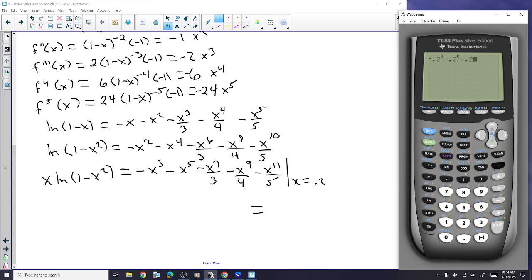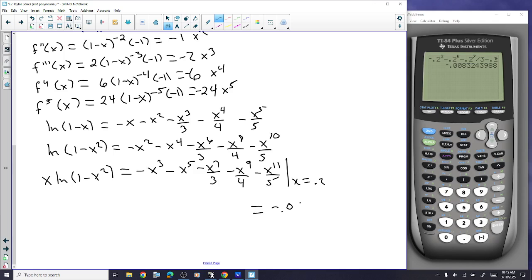Minus 0.2 to the seventh divided by 3 minus 0.2 to the ninth divided by 4 minus 0.2 to the 11th divided by 5. See how we did. Negative 0.008324398 8.